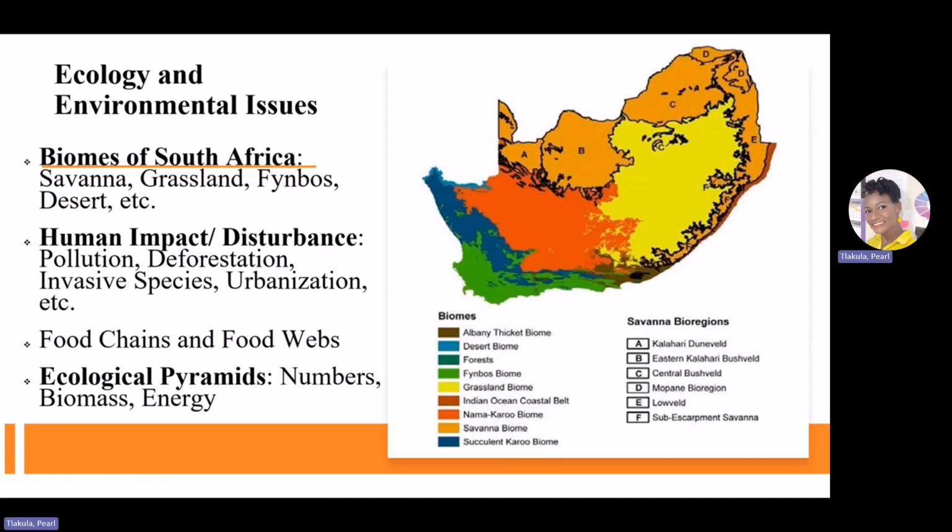So you must also, for an exam tip, learn the ecological pyramid, where you learn the numbers and the biomass and the energy flow within the biome and the ecosystem, and the food chain, and the disturbances that people cause within the biomes, and that affects the entire ecosystem or the biome.